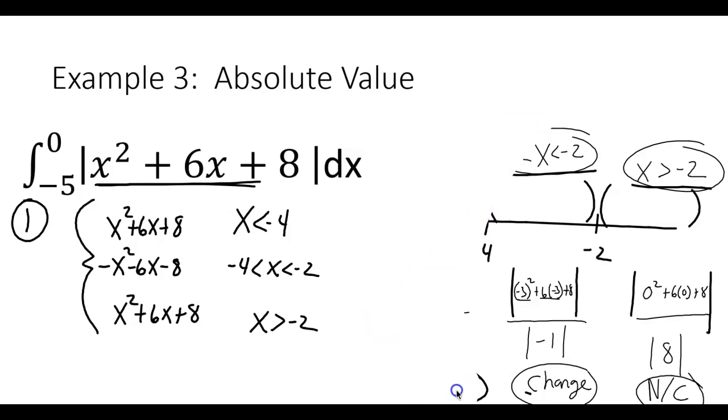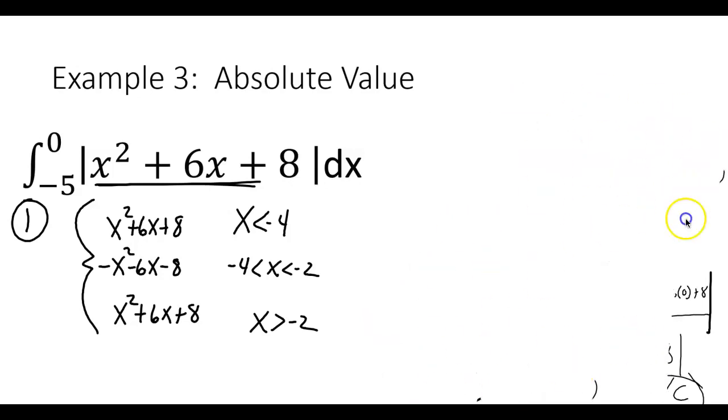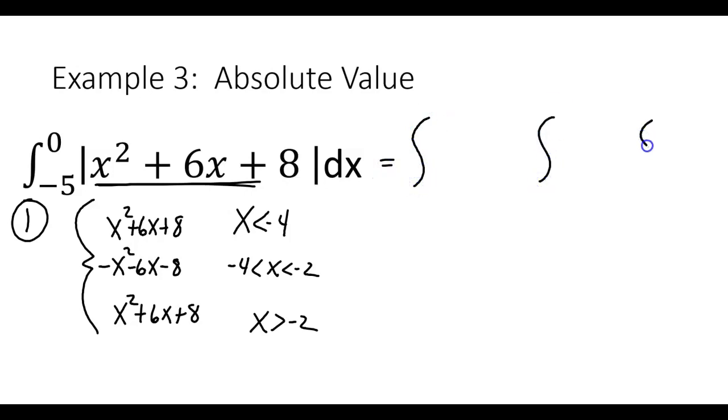And now we're ready for step 2. Step 2 shall be done by, once again, just writing some integrals out, right? So this integral is going to be rewritten now as 3 separate integrals, 1 integral for each piece. 1, 2, 3. Now for the first one, we're starting at negative 5, right? And we're going to keep going until we get to negative 4. And then the next one starts off where that one left off, and it keeps going until it gets to negative 2.